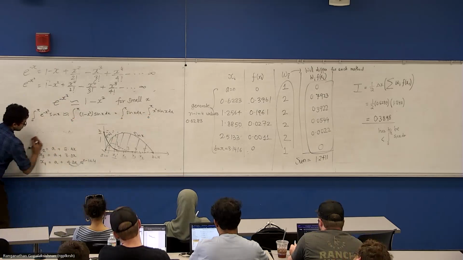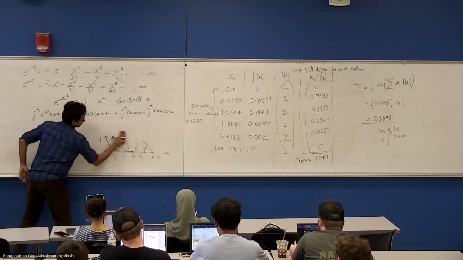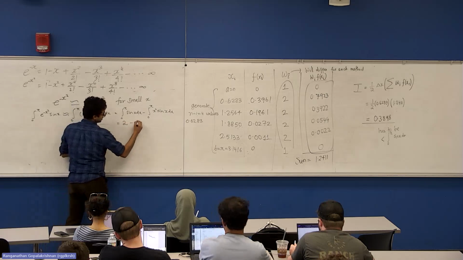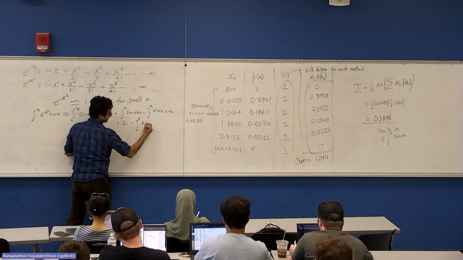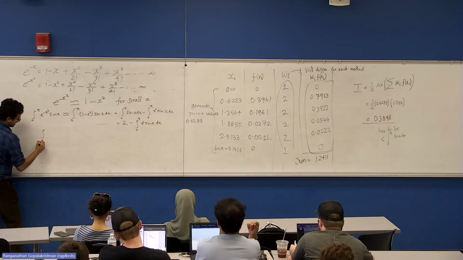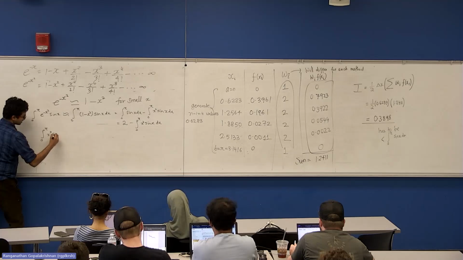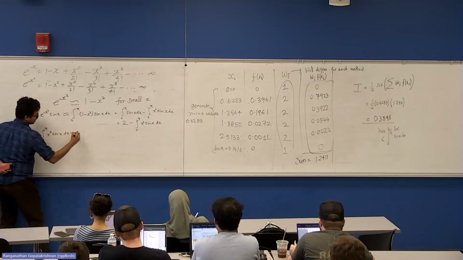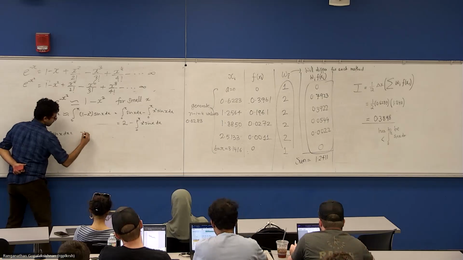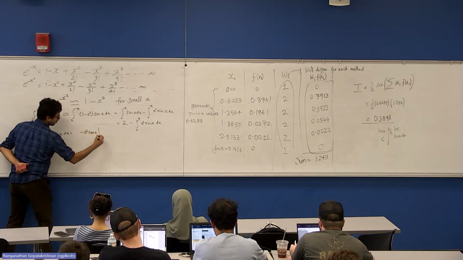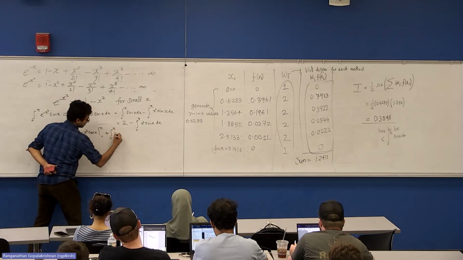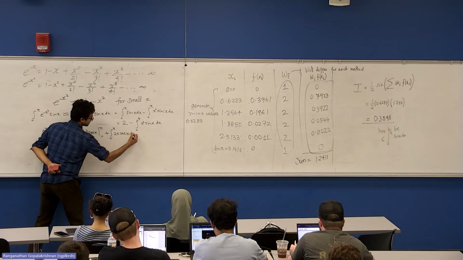So what is this? This is 2. We just did that. Integral 0 to pi x squared sine x dx, so I'm going to evaluate that. It would be x squared times minus cos x from 0 to pi, plus integral 0 to pi 2x cos x dx.